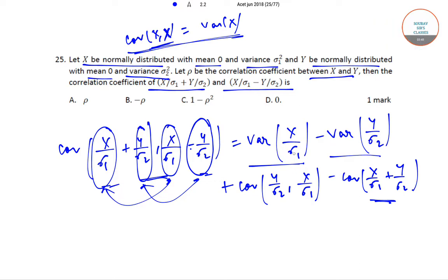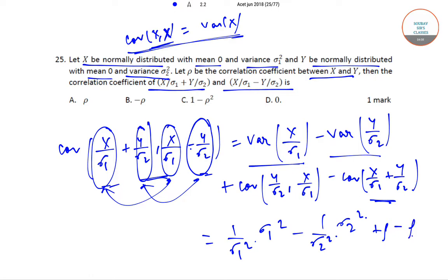So now sigma 1 squared is constant, this comes out, so we get 1 by sigma 1 squared, and variance x is sigma 1 squared, minus again 1 by sigma 2 squared, and variance y is sigma 2 squared, plus rho minus rho.